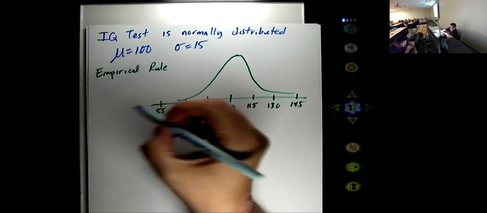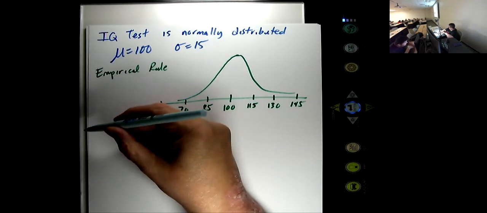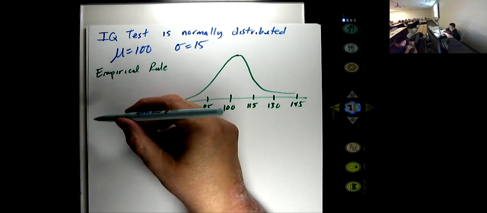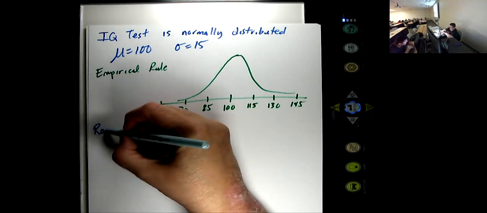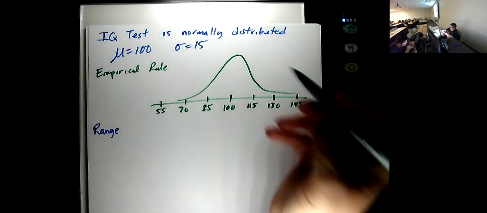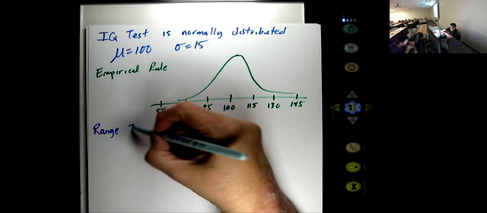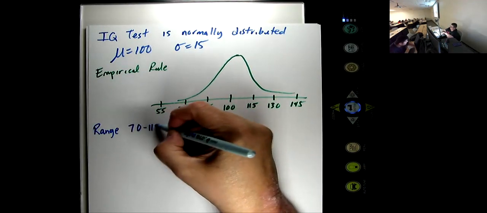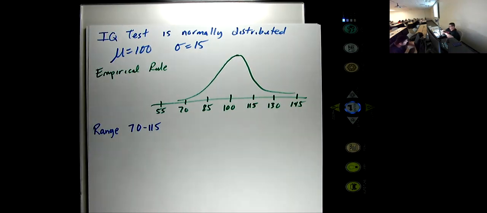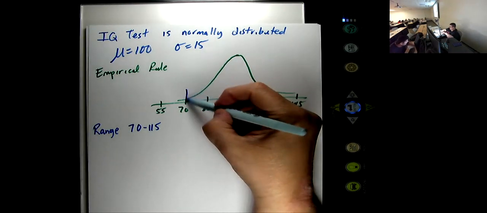And let's say we want to look at the range between, let's do 70 to 115. So from here to here.